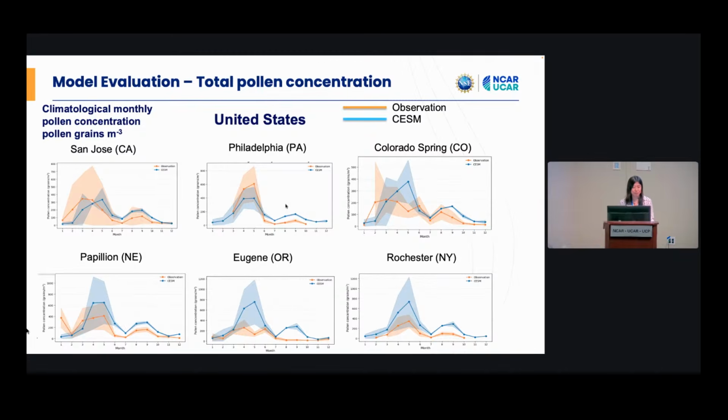But what makes me very excited is that our pollen model framework has been incorporated in the regional model framework that is part of the NOAA air quality forecasting. And this CESM model with coarser resolution has results that are actually very comparable with our high resolution regional model. So this is a good sign.